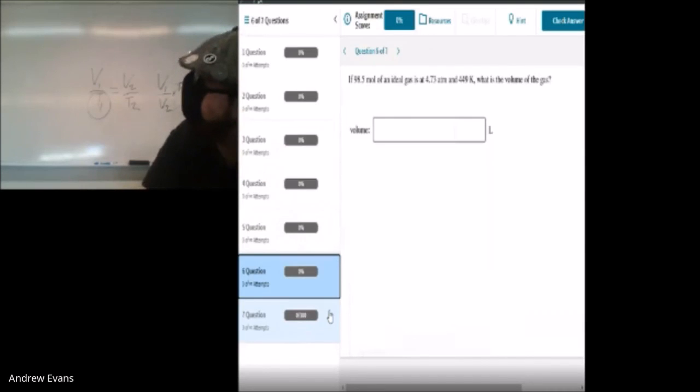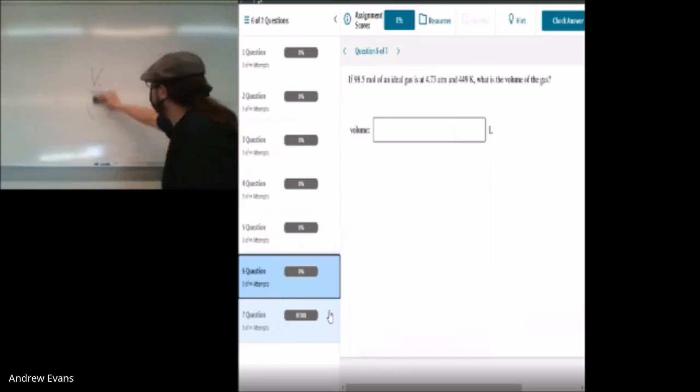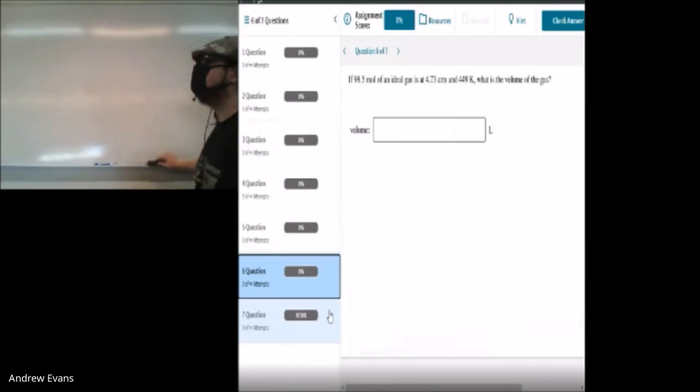We have an ideal gas, we have a pressure, we have a temperature, we have moles, and we're asked what is the volume. So this one, we're using all the ideal gas variables at once. So this is PV equals nRT.